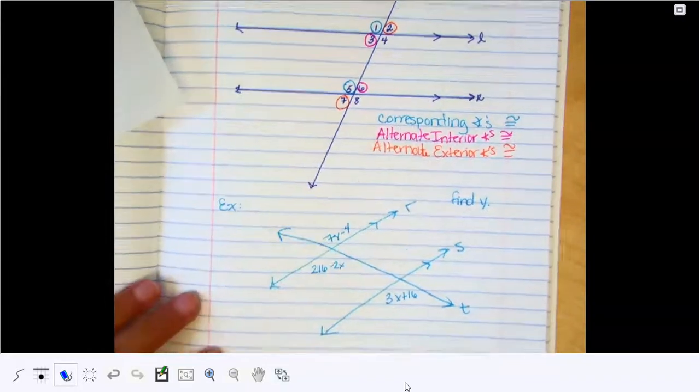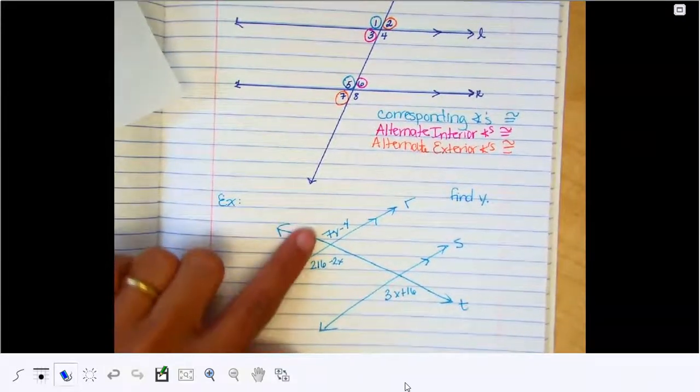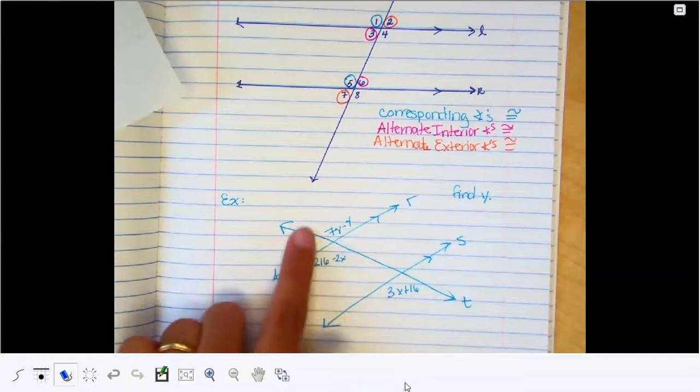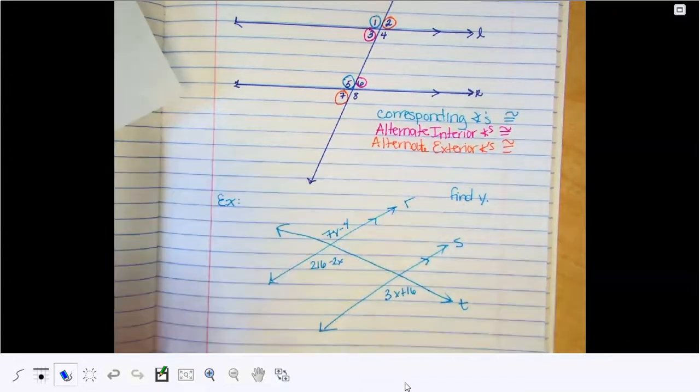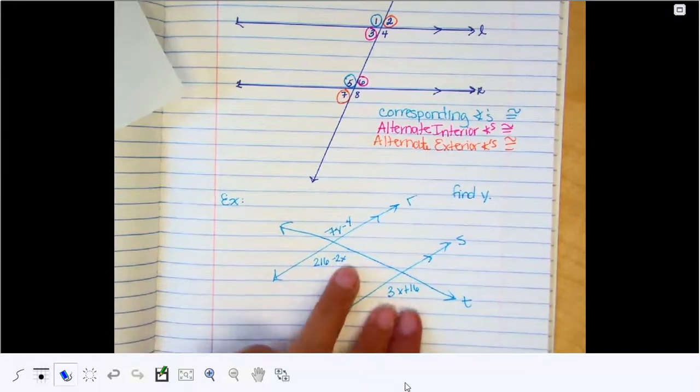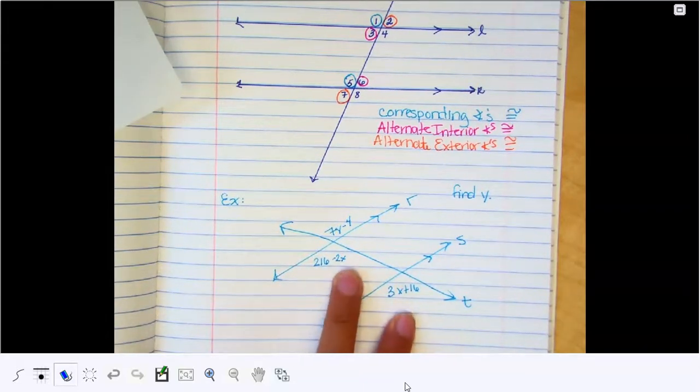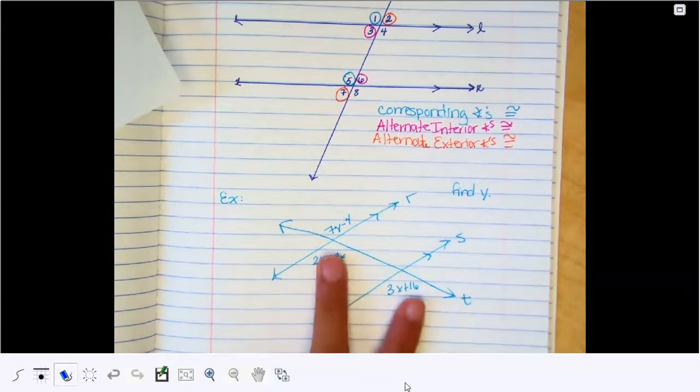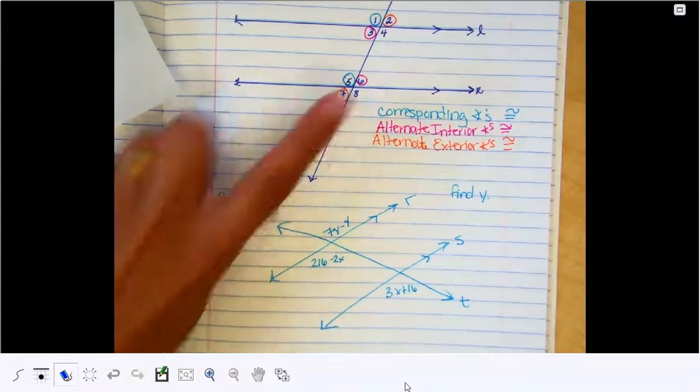Okay? So to figure out the value of y, I got to figure out what this angle is, right? And then set this expression equal to it, and then do algebra 1. And I can also see I have these 2 other guys here that are what type of angle? They're corresponding.